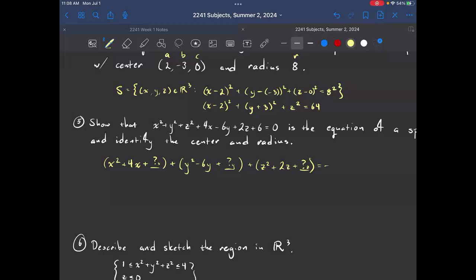I'm going to move that over to the other side. And then because I'm adding these question mark things to one side, in order to keep the equation the same, I have to also add them to the other side. So plus whatever these things end up being. And that is what we'll figure out next.